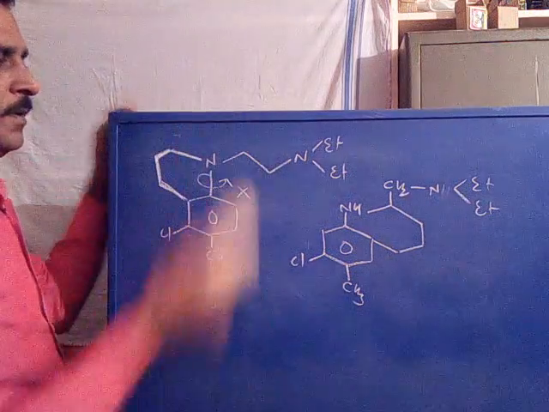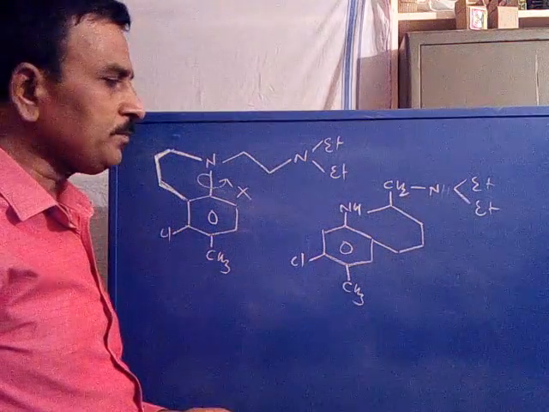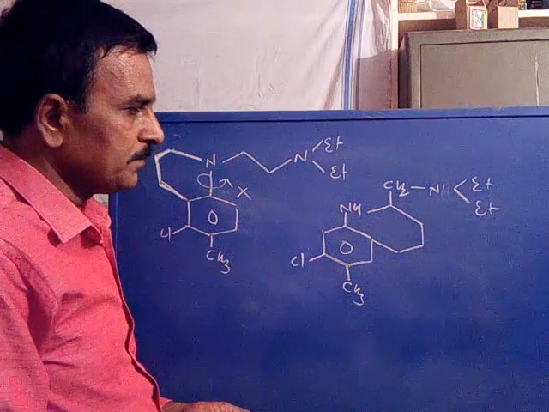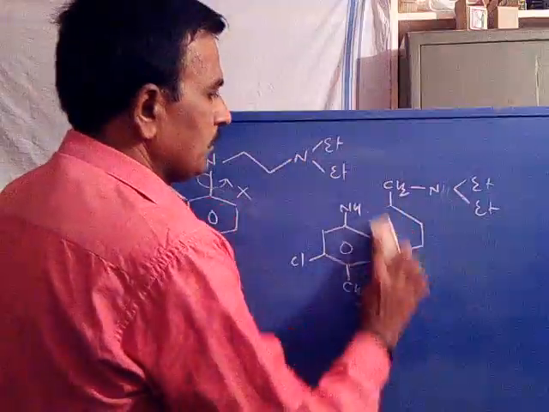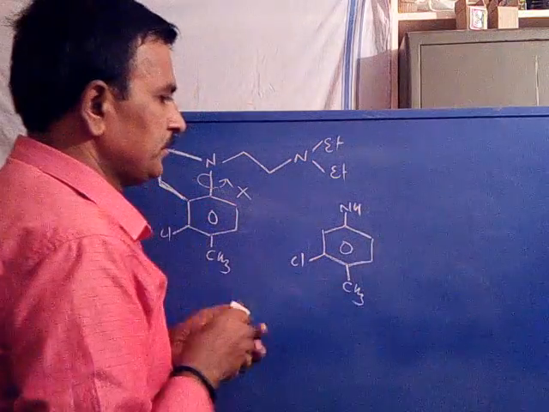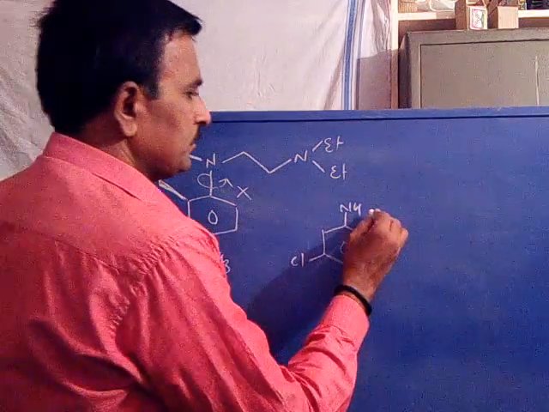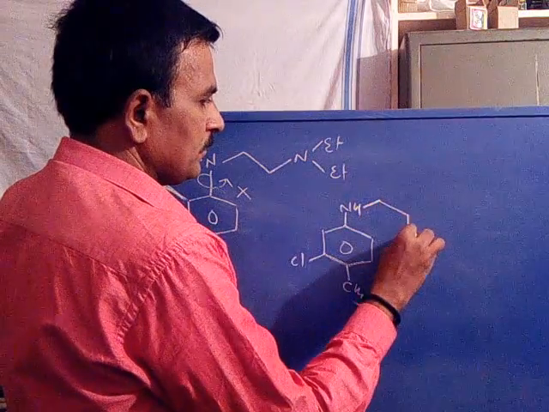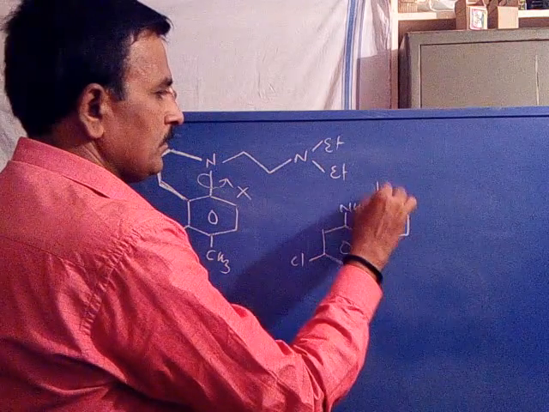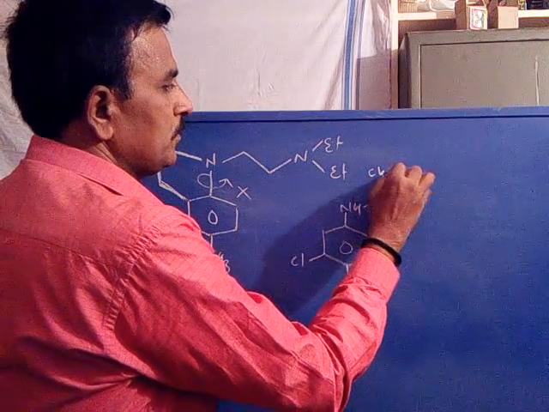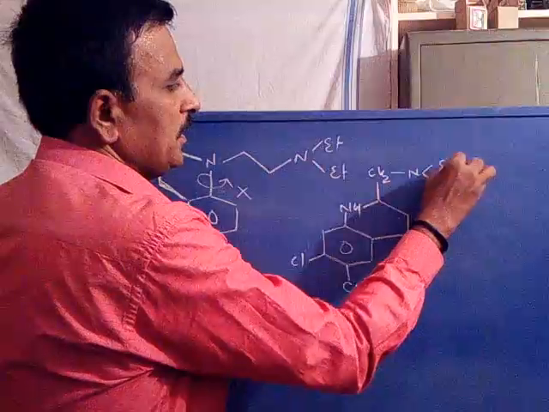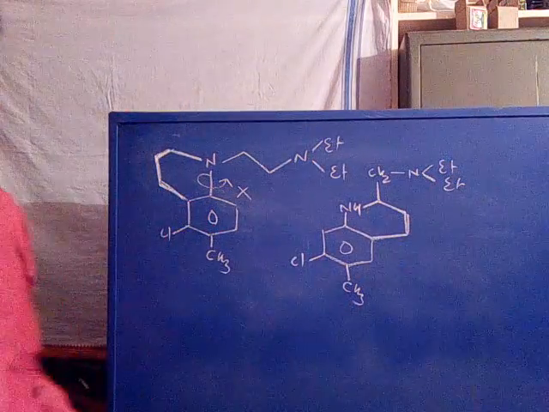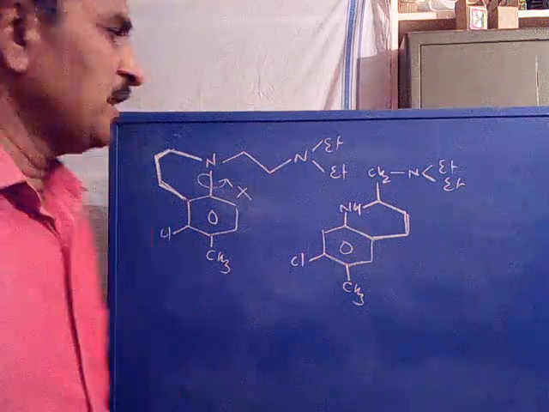Now, in another way, 1, 2, 3, a 6-membered ring, CH2, N, ethyl. Now this is another way to restrict the conformational change.